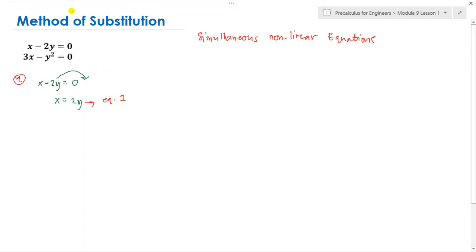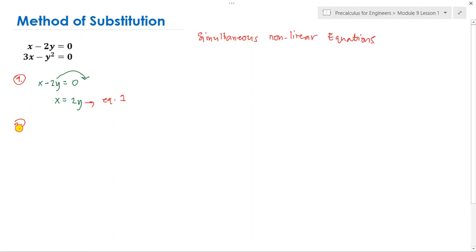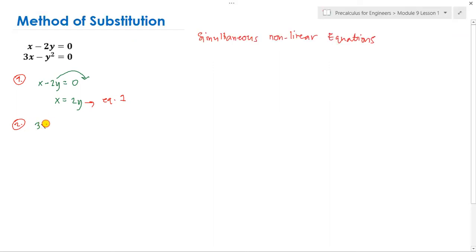Now we focus our mind on the second equation, which is 3x minus y squared is equal to 0.